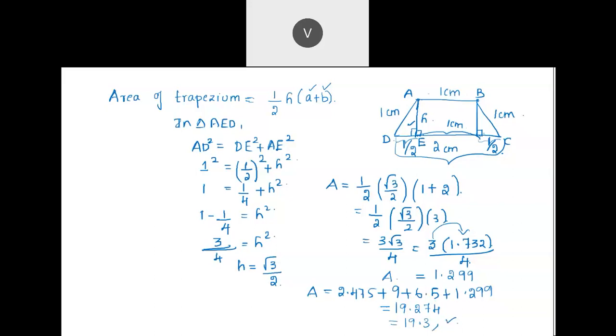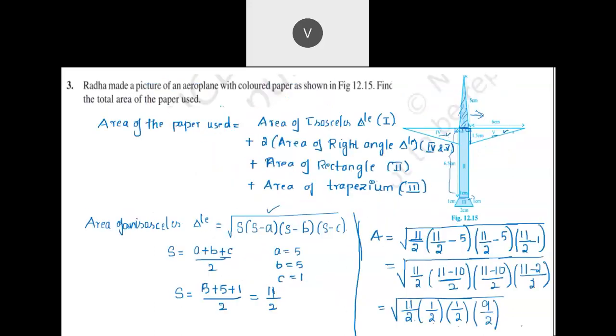Okay. Copy this. Yes, Sarvesh, your voice is breaking. Ma'am, instead of changing to 19.3, we can write 19.265 itself.